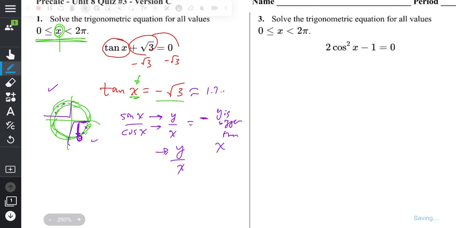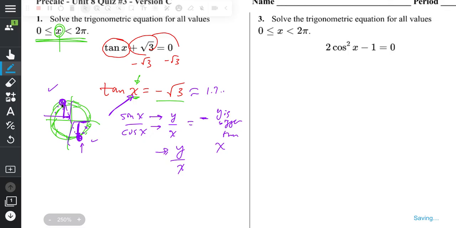And so this is the x angle. This is kind of what we're solving for right there. And its cousin, which has the same characteristics, a larger y versus a smaller x, is right over here.